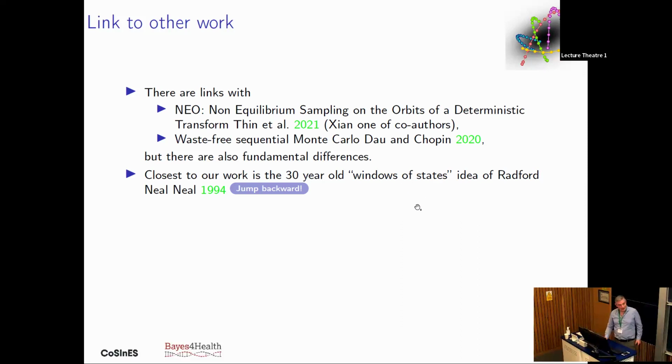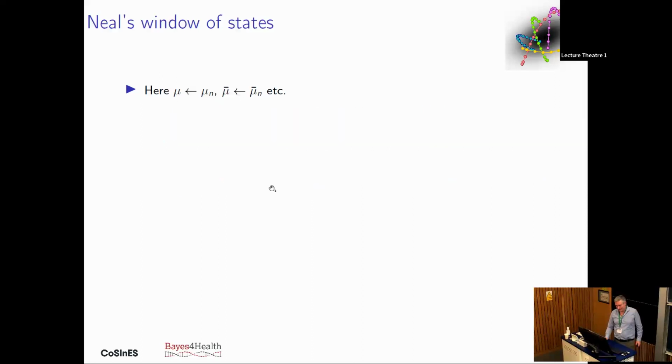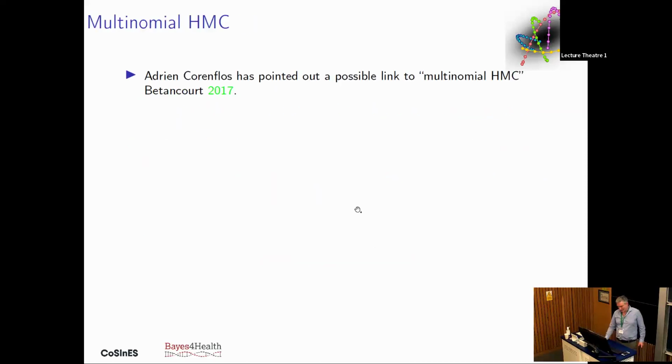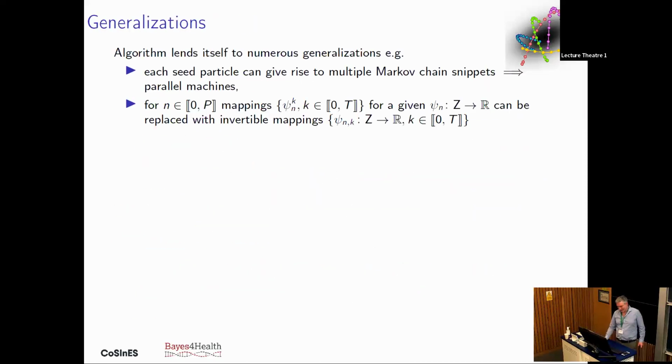It's exactly the same idea, but in the context of the Metropolis-Hastings algorithm. There's also a link with what is it called, multinomial HMC, which is itself derived from Radford Neal's ideas. But I won't get into these ideas at all.